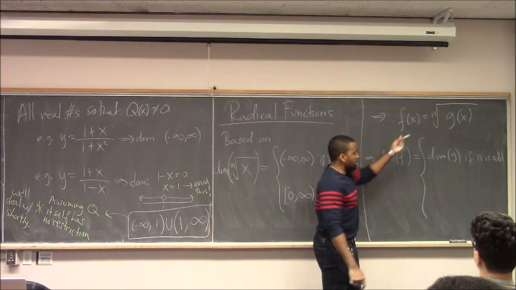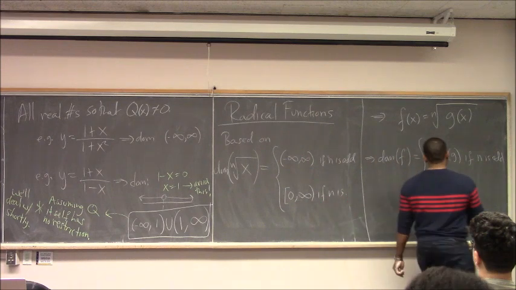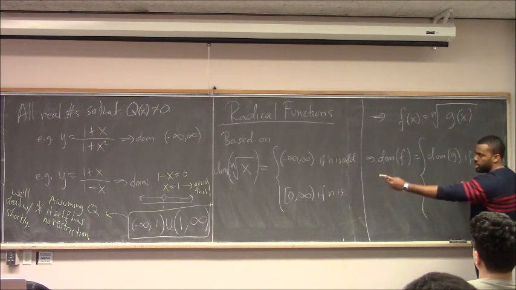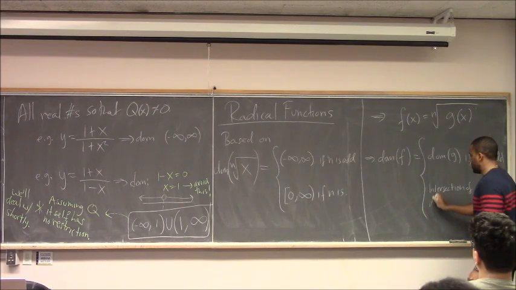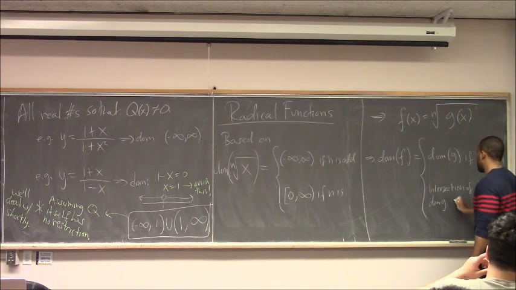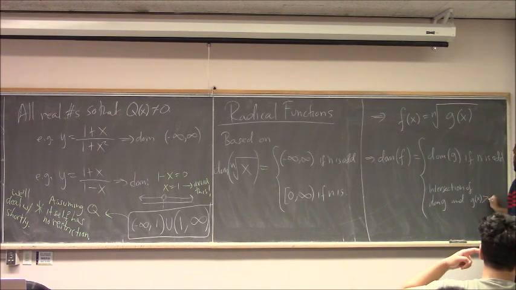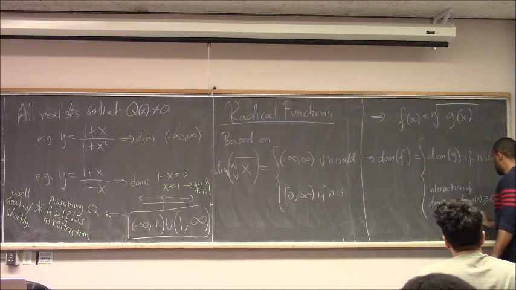So it'll work whenever the actual function itself works, if n is odd. If n is even, it would actually be the intersection. This is how you deal with it if your function itself has a restriction: the intersection of the domain of g and the set of all x where g of x is greater than or equal to 0, if n is even.